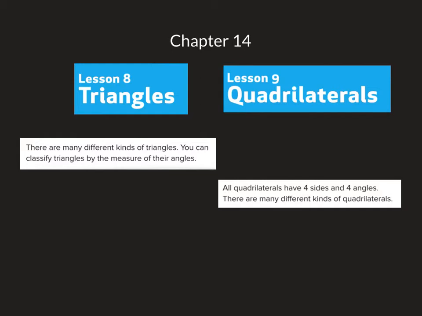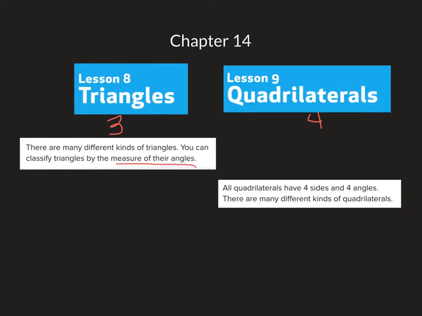Today I'm going to put together our lessons on triangles and quadrilaterals, just because it's talking about three-sided figures and four-sided figures, and classifying them. Today for triangles, we are going to classify them by the measure of their angles.